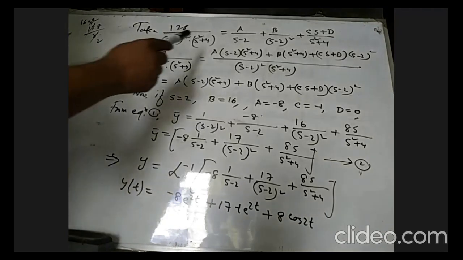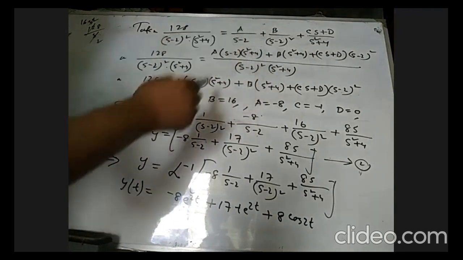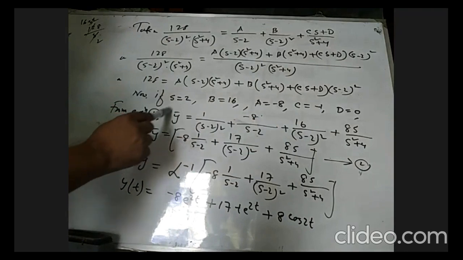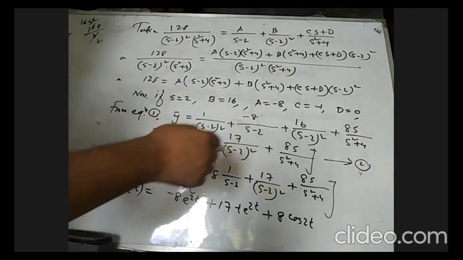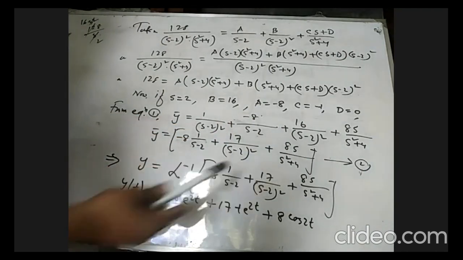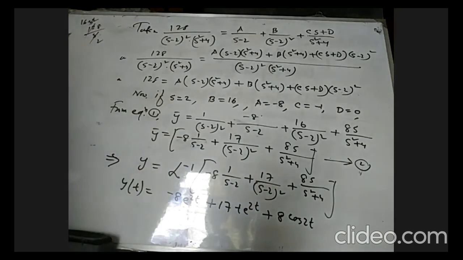By the partial fraction method, we get these constants. Putting these values of the constants, we get this result. And y bar means the Laplace transformation of y(t). So equation number 2 gives the Laplace transformation, and this y gives the inverse Laplace transformation. And this is actually the procedure of solving a differential equation.